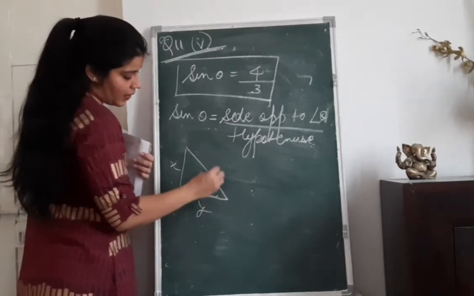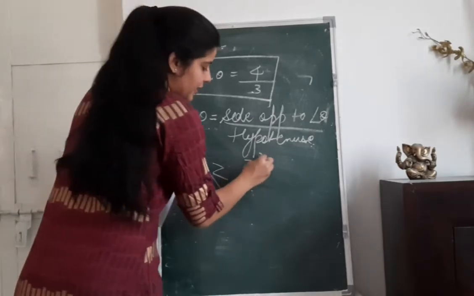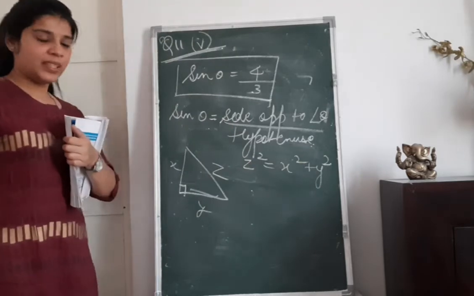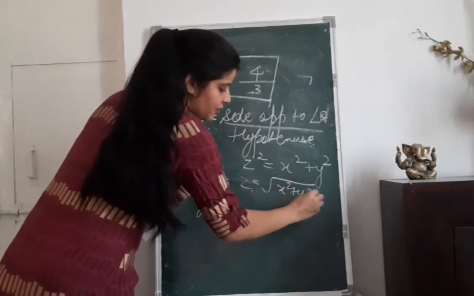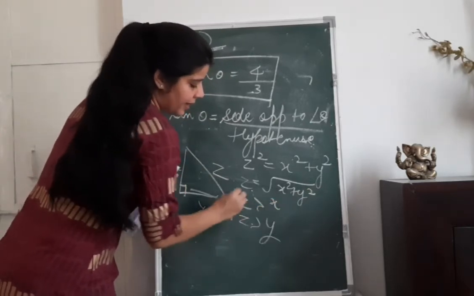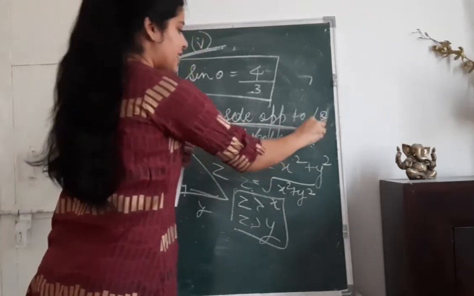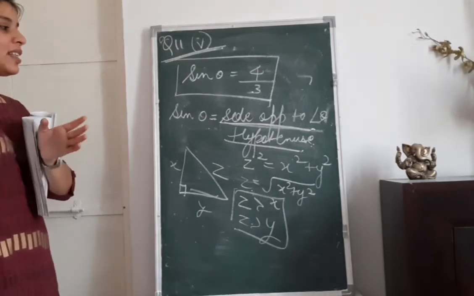This is x, this is y, and this is z. So using Pythagoras theorem, z square is equal to x square plus y square. Z is equal to root of x square plus y square. That clearly gives me z is greater than x and z is greater than y.